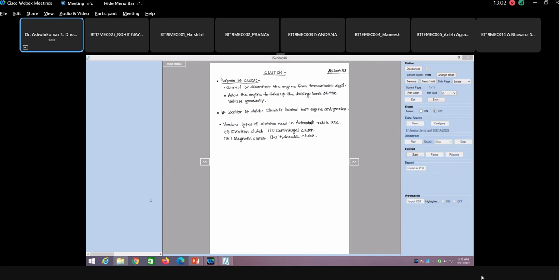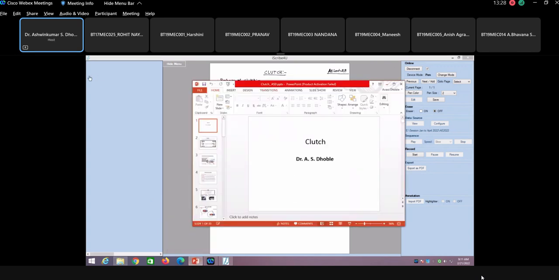If you have not seen it, then please try to give the name of the machine tools where the clutch is used and you have used it. I think you have used it somewhere, please remember that.